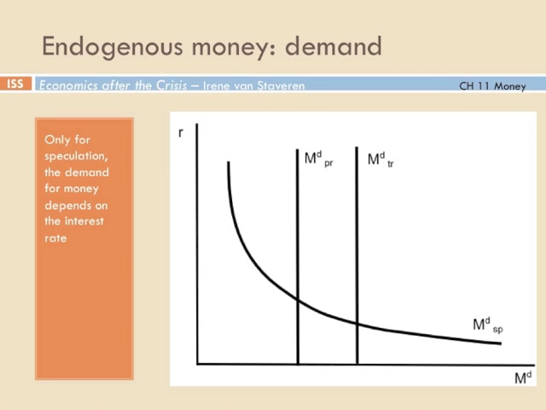You just need a certain quantity, whether the interest rate is high or low. But the demand for money for speculative purposes, that is, to make more money with money, that's a decreasing function of the interest rate. So the lower the interest rate, the more demand for money for speculative purposes.